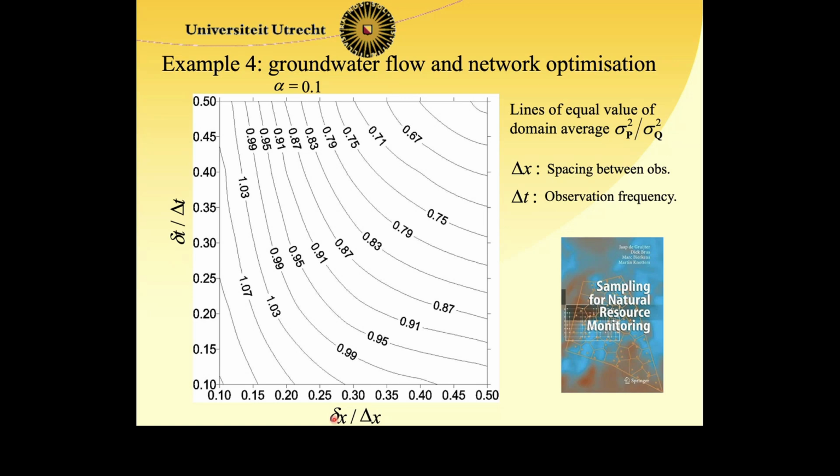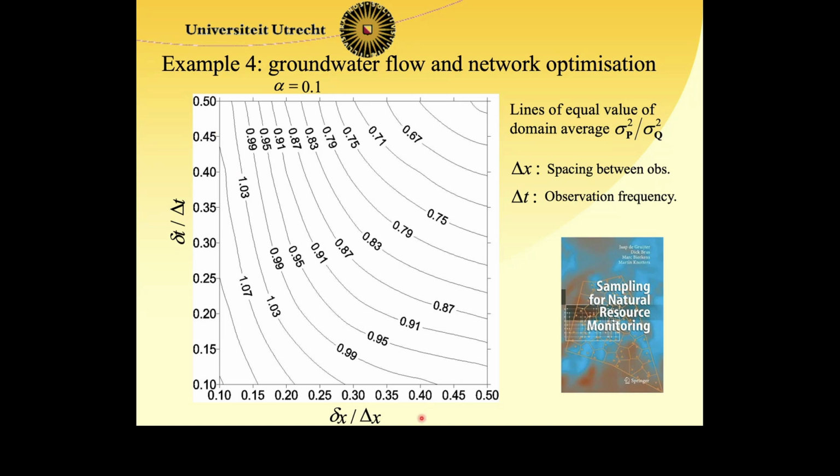So it's normalized with that, and these are lines of equal ratio of the variance of P divided by the variance of Q. So here, in this domain, we are getting more and more accurate because we're measuring more in space, or we're measuring more frequently in time.